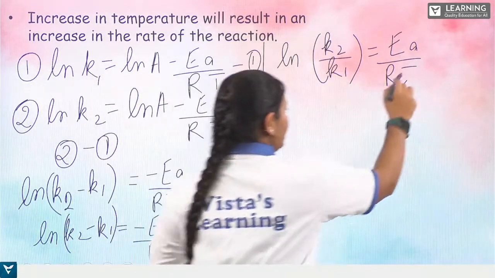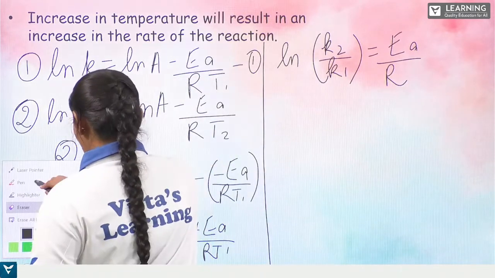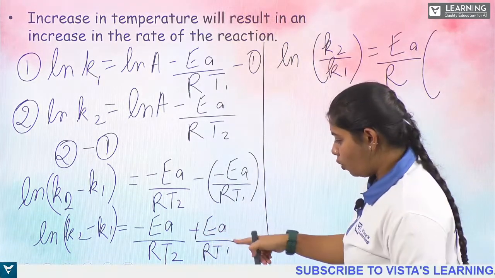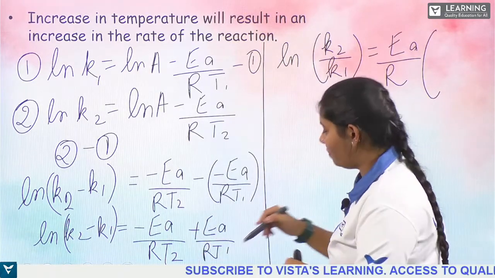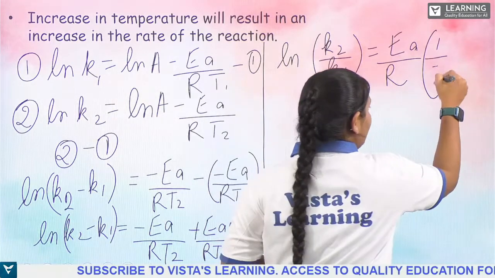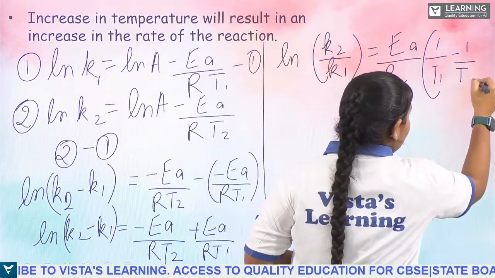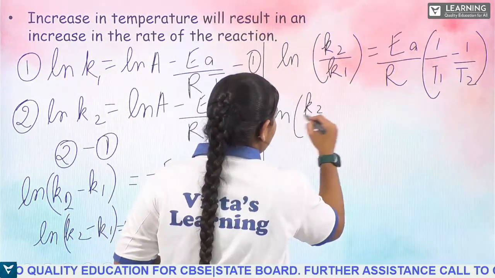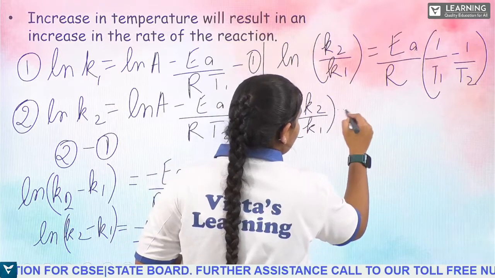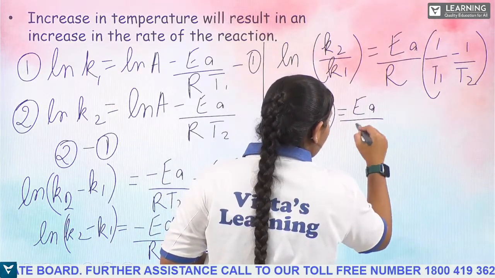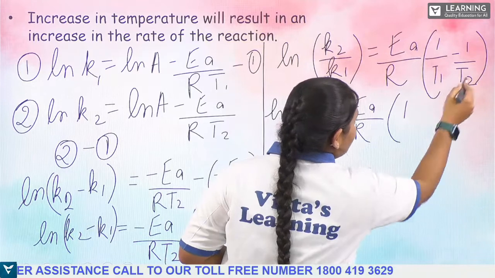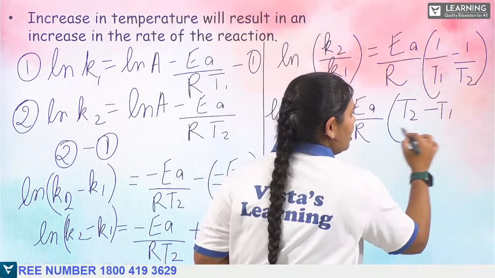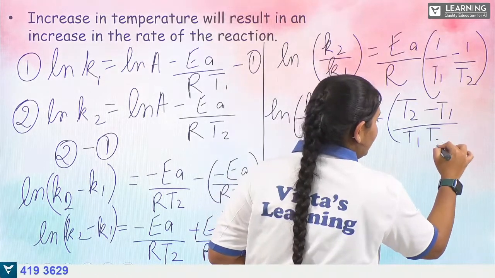T is the only thing that is changing. So here it's going to be EA by R times 1 by T1 minus 1 by T2. We are just going to cross multiply here, giving T2 minus T1 by T1 T2.